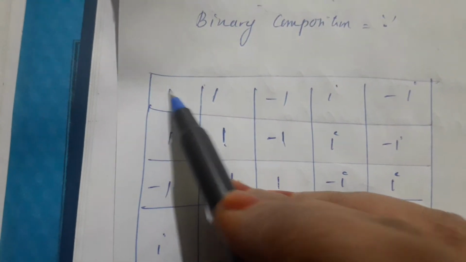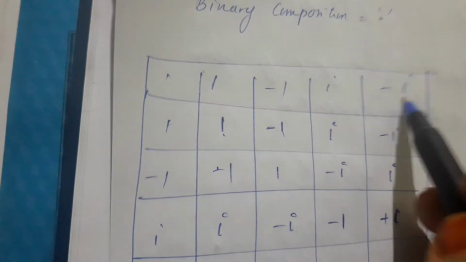Now consider the composition table. Here dot, 1, minus 1, i, minus i, and again I will draw here 1, minus 1, i, minus i.